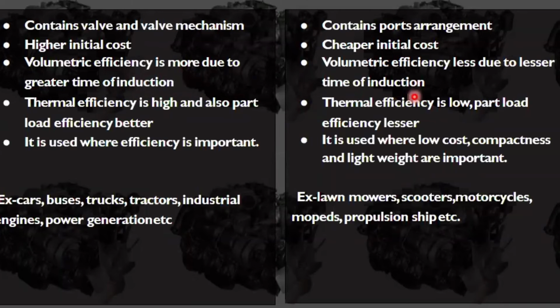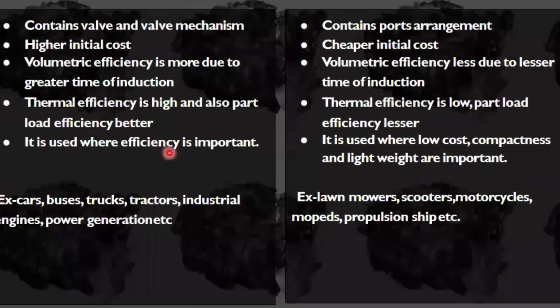Several factors decide volumetric efficiency, and I will take one whole class on volumetric efficiency, and in that you can understand why it is less here, and why it is high here. Next, coming to thermal efficiency, it is high, and part load efficiency is also better. Here thermal efficiency is low in two stroke engines when compared to four stroke engines, and part load efficiency is also lesser.